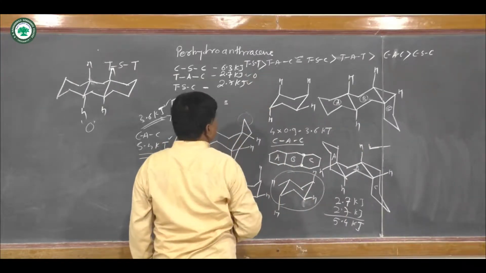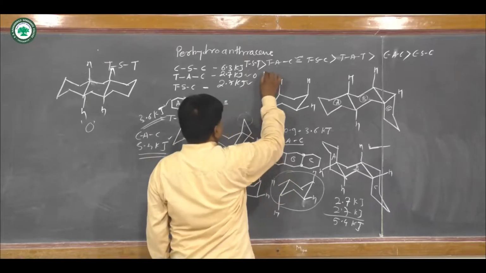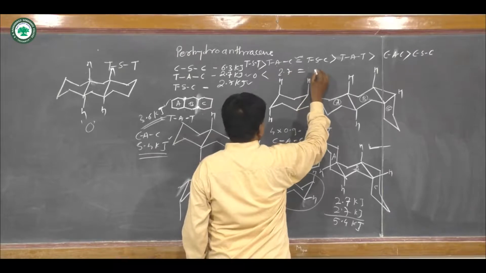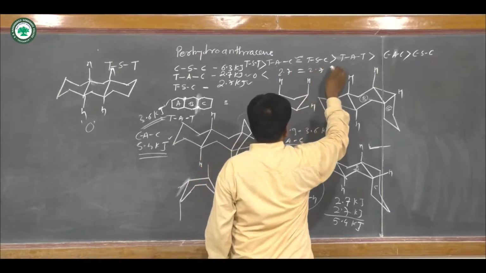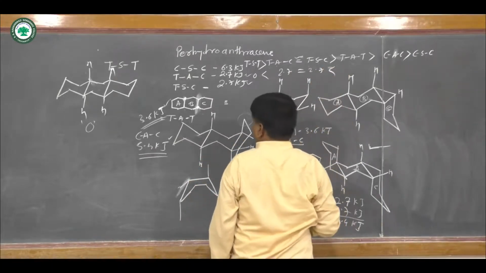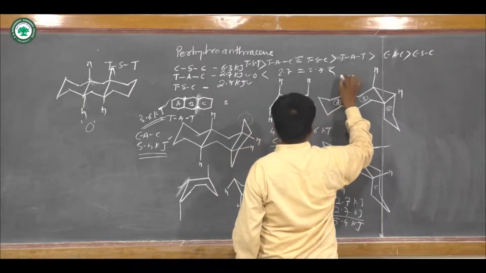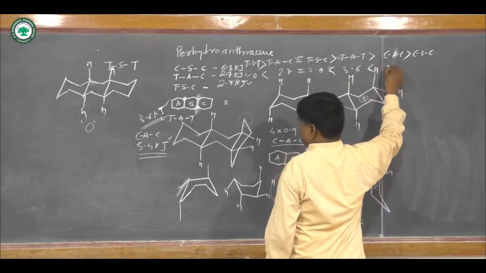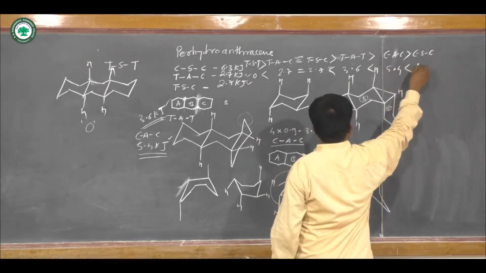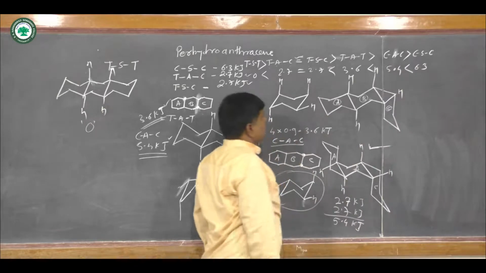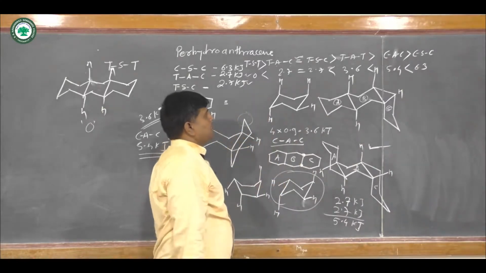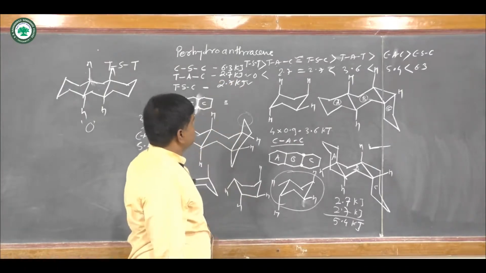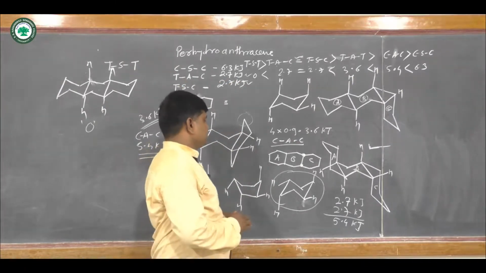So it has 0, which is less than 2.7, nearly equal to 2.7, then less than 3.6, then less than 5.4, less than 6.3. Now this is the stability order and also the energy sequence of these chair conformations of perhydroanthracene.